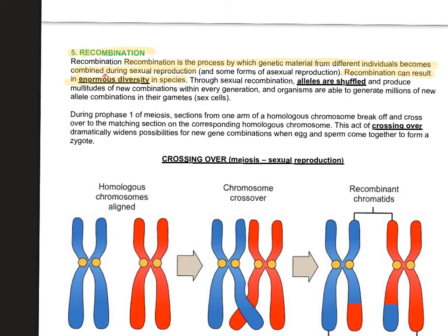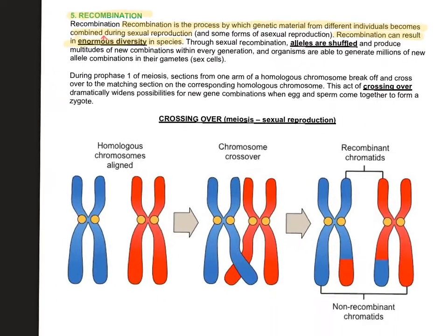Through sexual recombination, alleles are shuffled and reproduce multitudes of new combinations within every generation. Organisms are able to generate millions of new allele combinations in their gametes or sex cells.